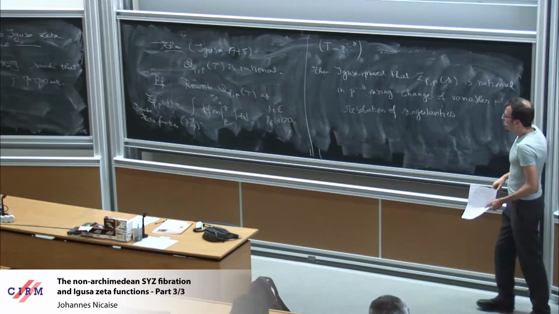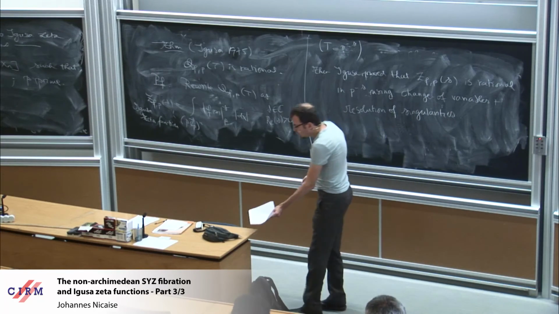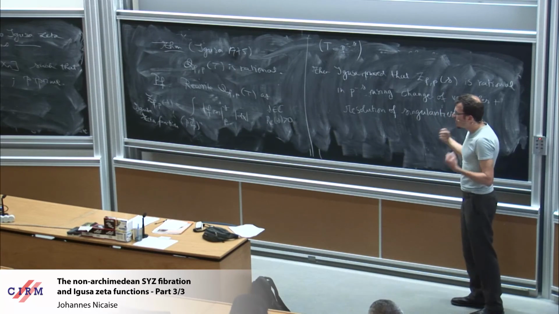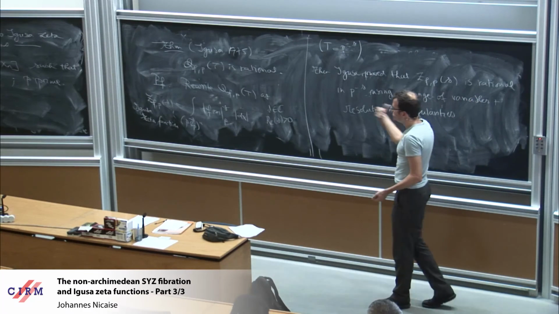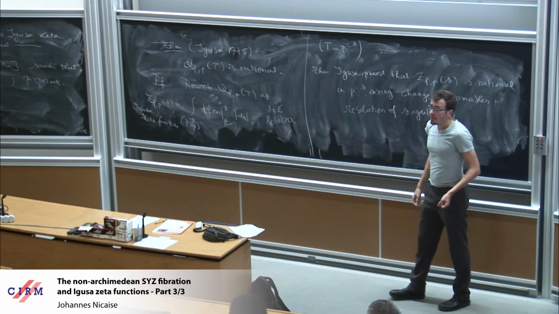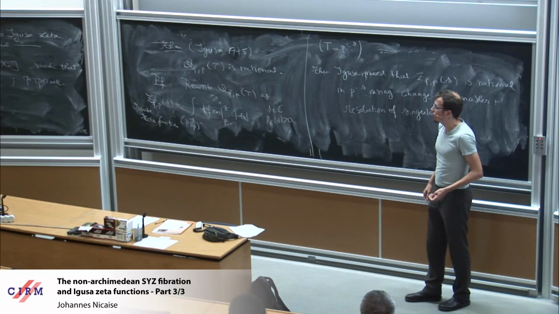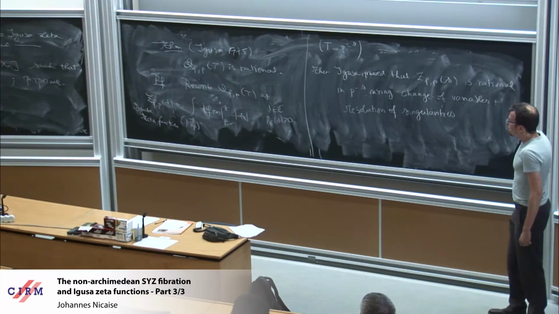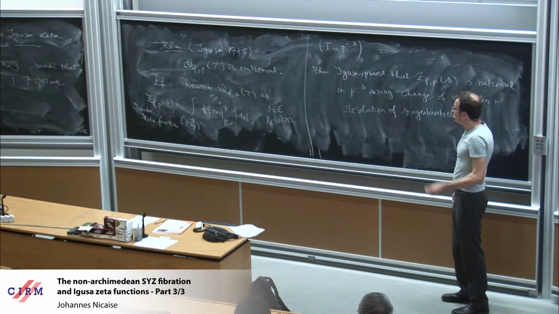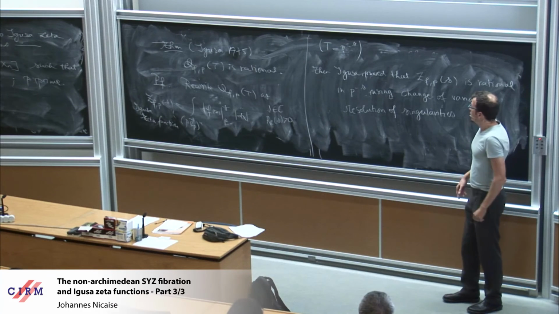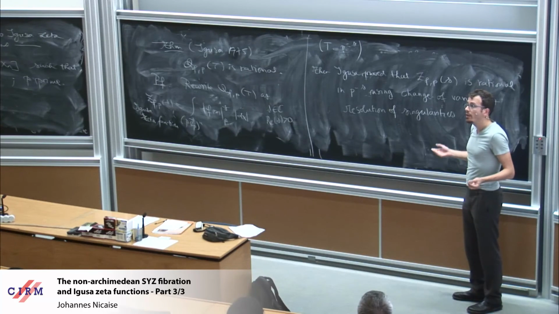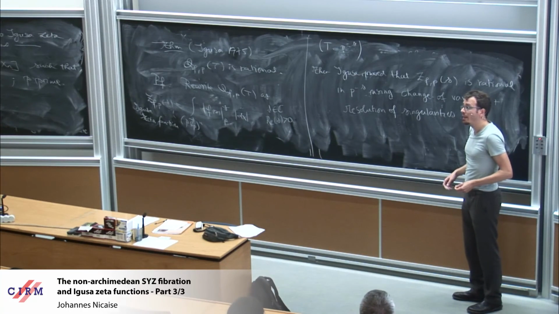Yeah, so the whole advantage of transforming our generating series into a p-adic integral is that we know that p-adic integrals have a very nice property with respect to birational modifications. It's given by a change of variables formula for the p-adic measure. And so using log resolutions of singularities for the hypersurface defined by f over Q, you can actually reduce the calculation to a local calculation in the case where f is a monomial, and then you see right away that it's going to be rational in p to the power minus s.